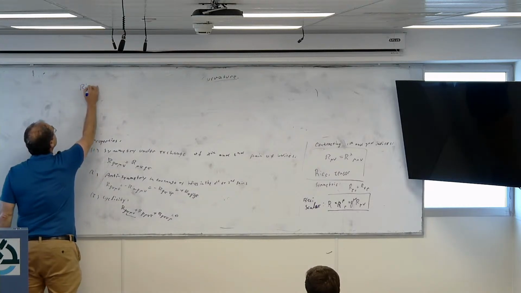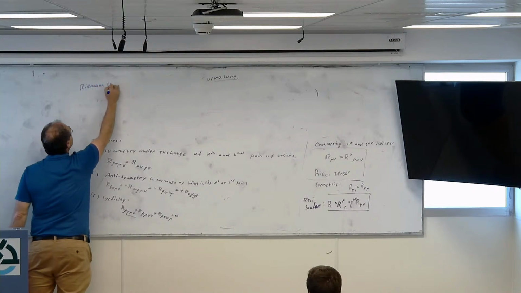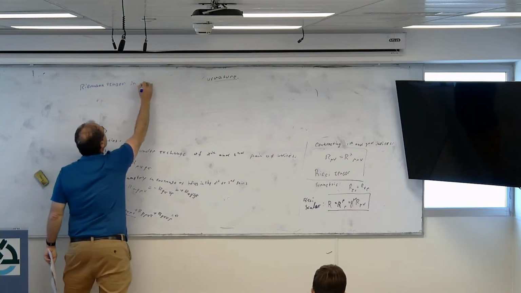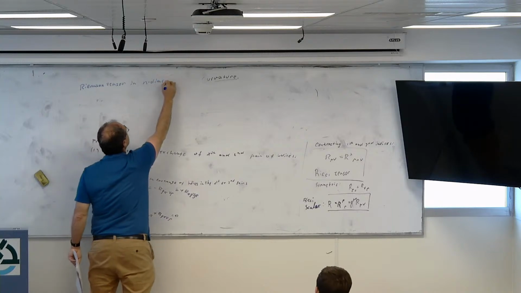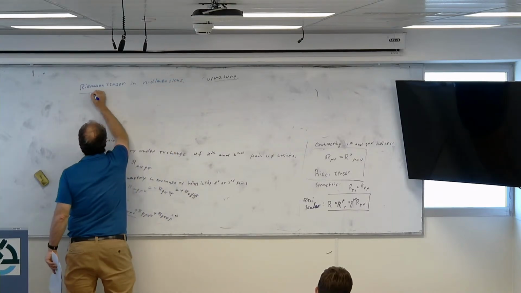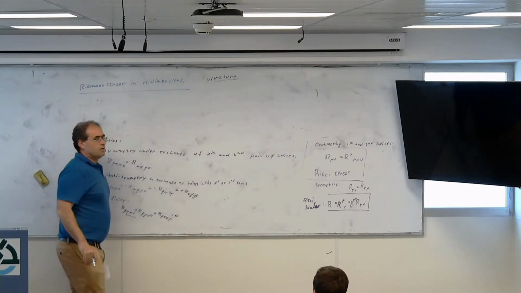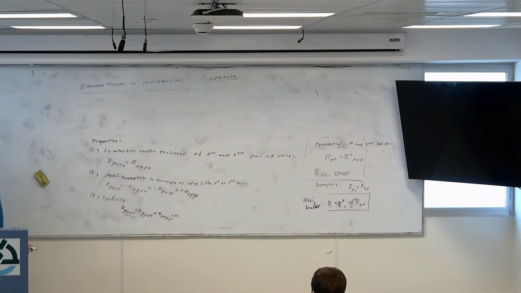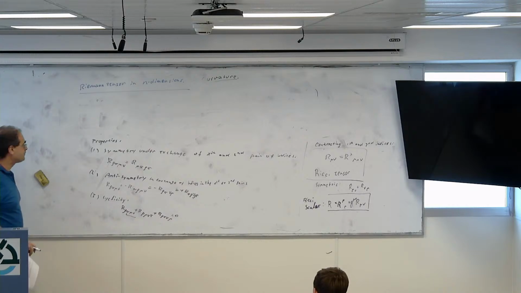The Riemann tensor in n dimensions. What do we have?